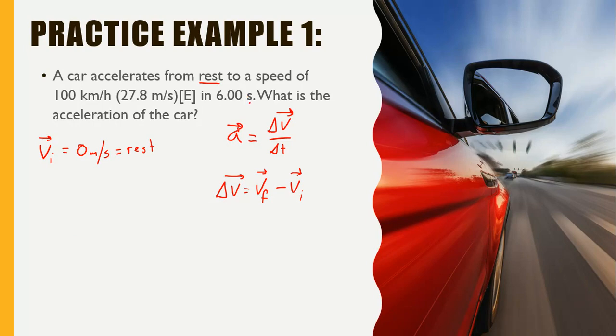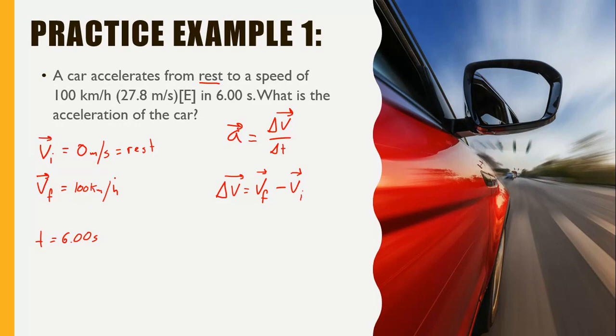Now you hit the accelerator, the car speeds up, and it speeds up to a final velocity of 100 kilometers per hour, and we have a time. It takes that car 6.00 seconds.